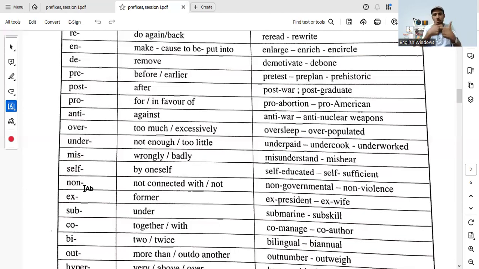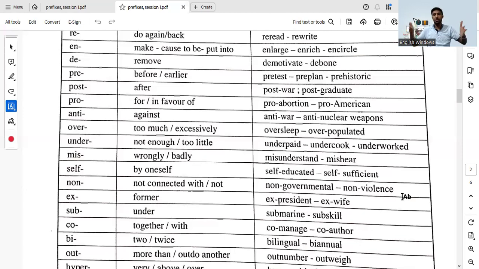Well, non, it means not connected with. No relation to something, right? No relevance, no connection. Non-governmental. There are many non-governmental organizations in our country. These are organizations we call non-governmental, meaning not belonging to the state, right? They're free, they have no relation to politics or the state. Non-violence means they have no connection or relationship with violence at all, right?